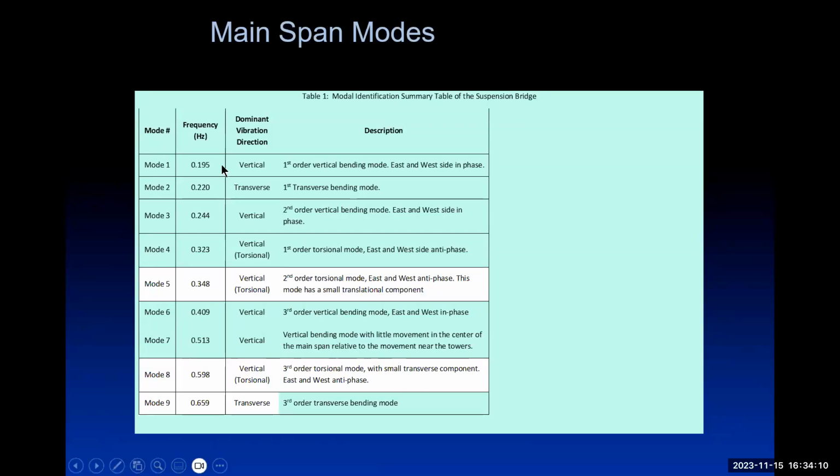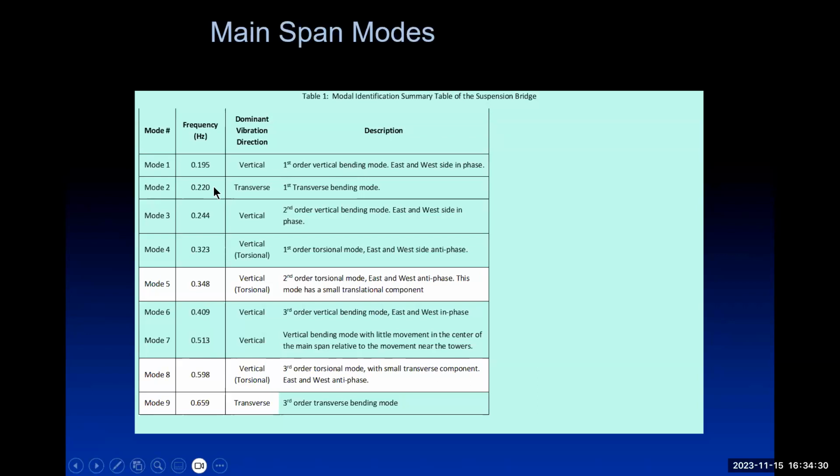On that suspension bridge, first mode, the one that you would normally assume was the only one needed for design, 0.195 hertz, one cycle every 5 and a bit seconds. So that was the first order vertical bending mode.